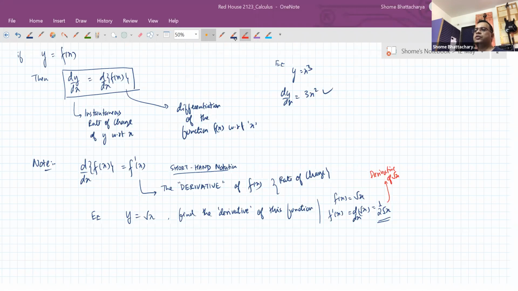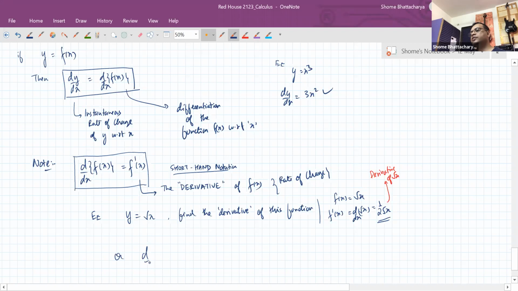So there's a shorthand notation that we use in calculus, that the differentiation of a function f(x) in short form can also be written as f prime x. We can use any other symbol for a function also, that differentiation of another function g(x) is g prime x. Or we might have a function of some other variable like time.